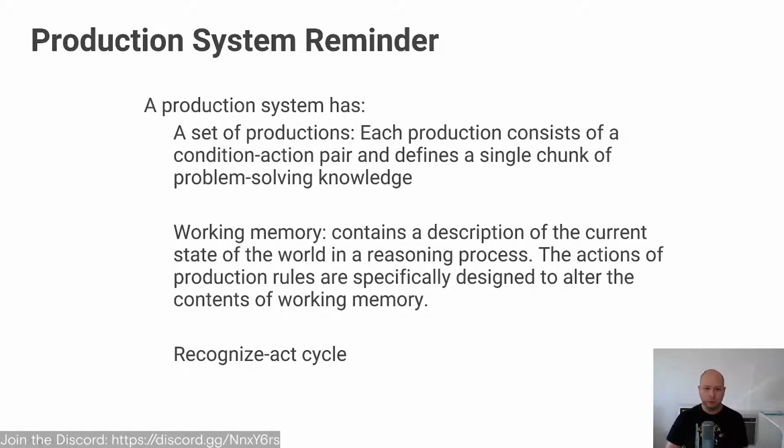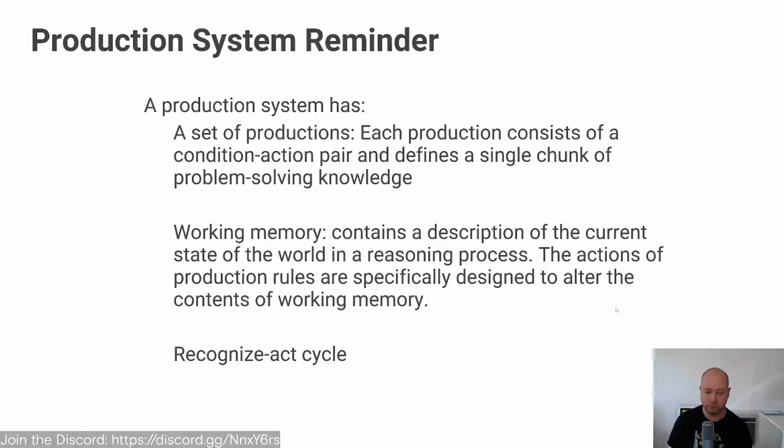So quickly, a reminder: a production system has a condition-action pair, and it defines a single chunk of problem-solving knowledge. Working memory contains a description of the current state of the world and its reasoning process. The actions of production rules are specifically designed to alter the contents of working memory.